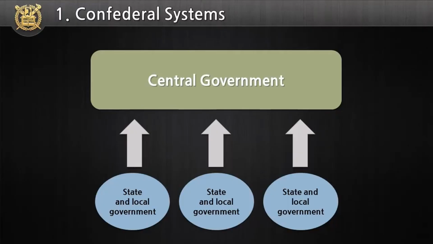And this figure portrays the power relationship between the central government and the state and local governments, or provincial and local governments, with resources and power flowing from the local to the central. So resources and power, most of them reside with the localities.